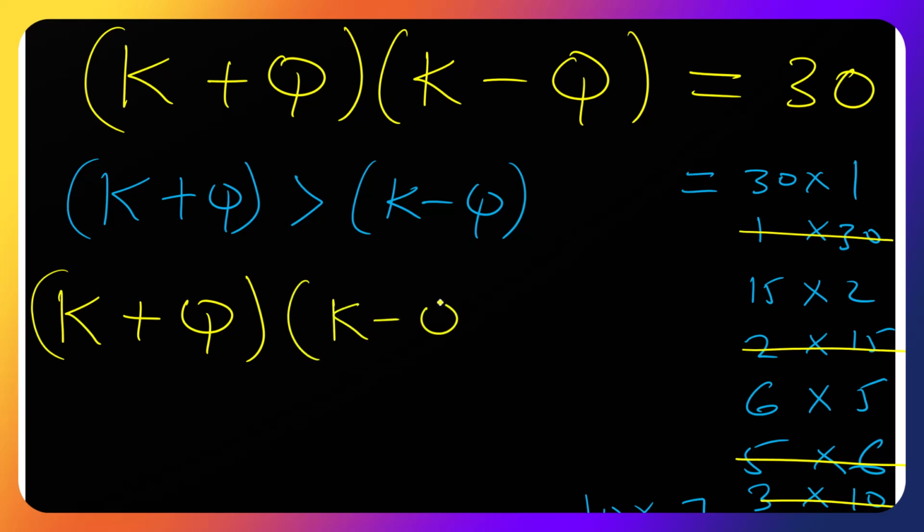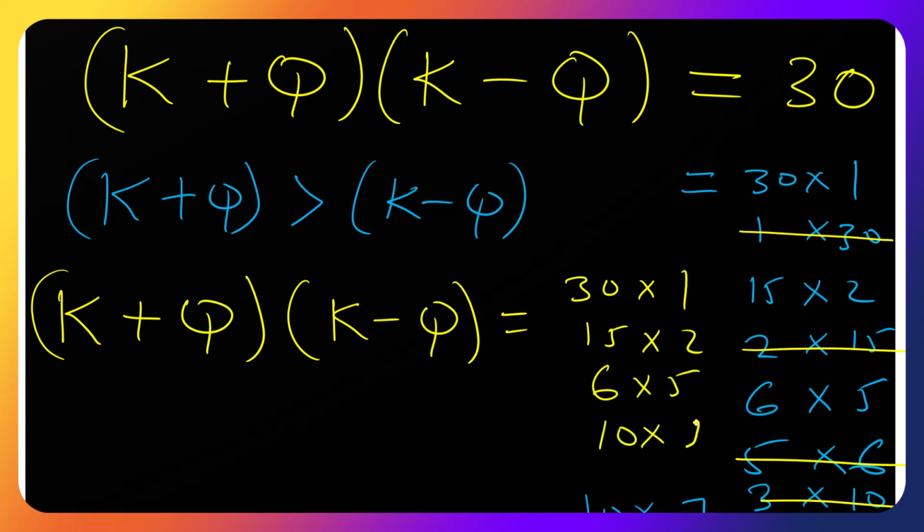K plus q times k minus q. So we have 30 times 1, 15 times 2, 6 times 5, then 10 times 3. Let's observe them one by one. Let's start with 30 times 1.